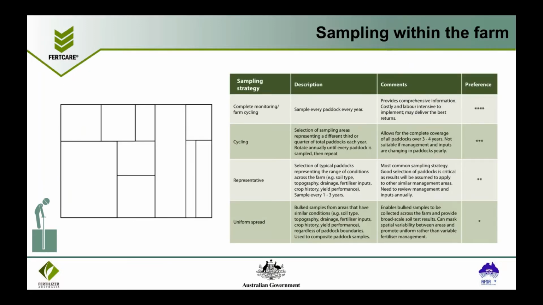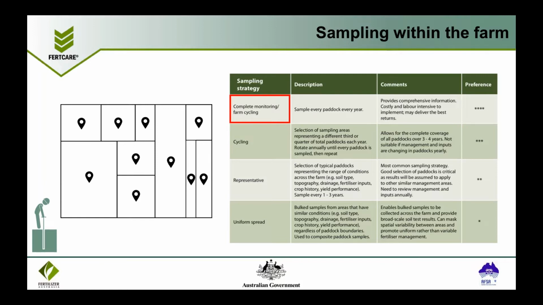So when we think about now moving on to things like sampling strategies and sampling within the farm, there's a number of possible strategies or approaches that you might consider. So the first of those, and it's probably the preferred approach, but probably the most labour intensive and costly approach, is to undertake complete monitoring, where you essentially soil sample every paddock or block or zone every year around the farm.